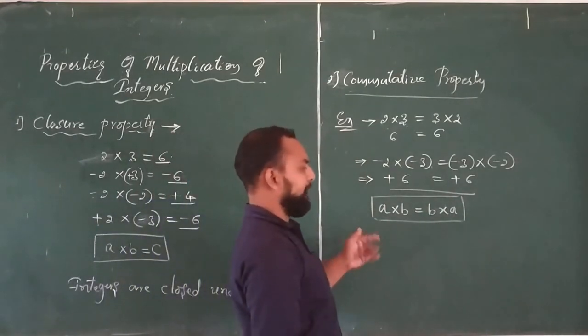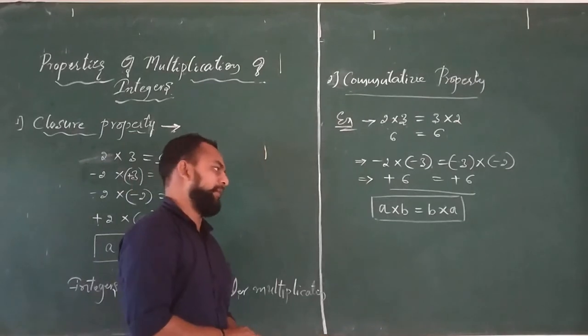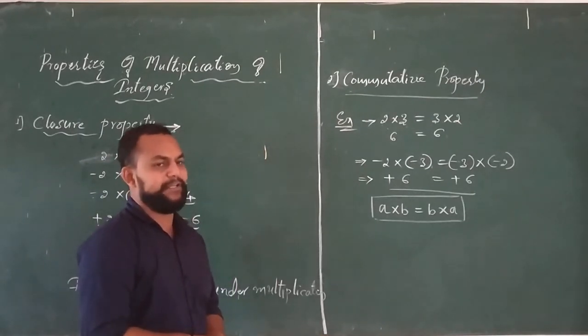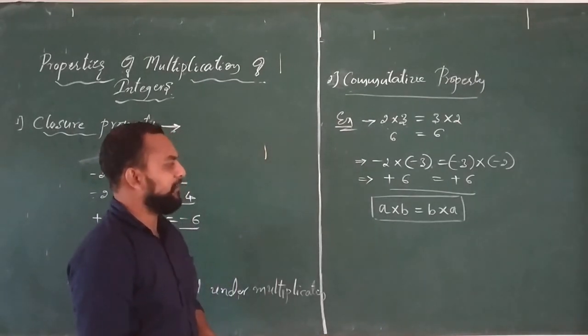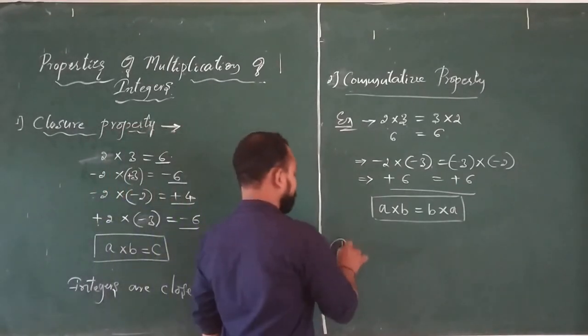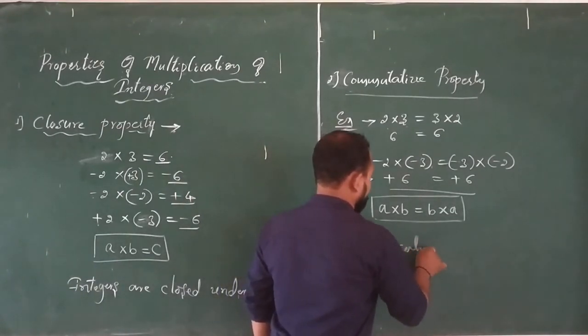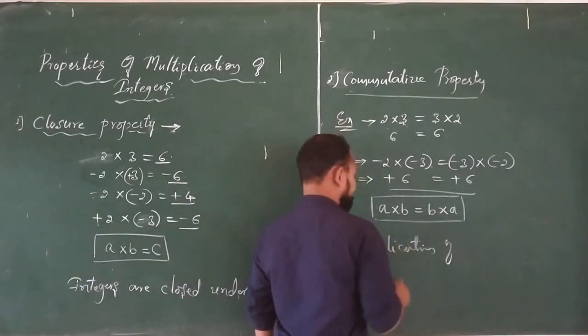The multiplication of integers is commutative for integers.